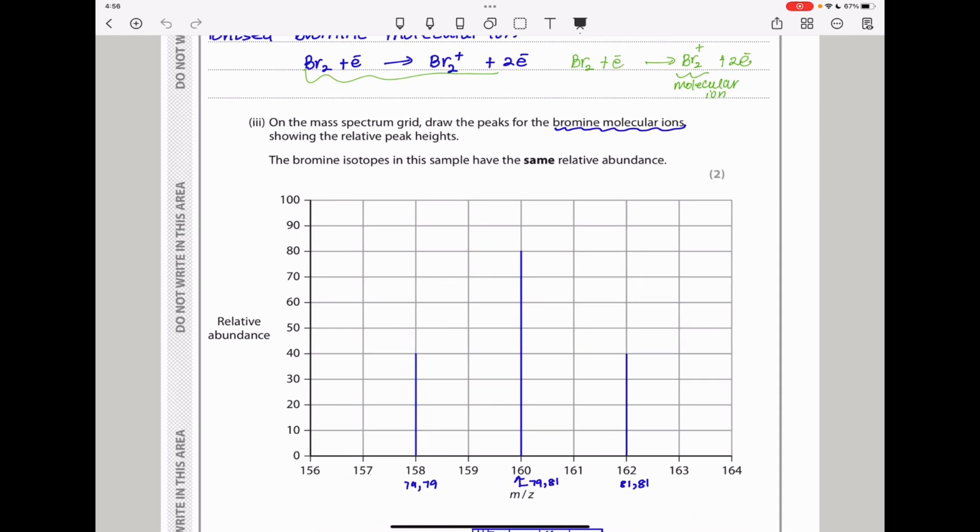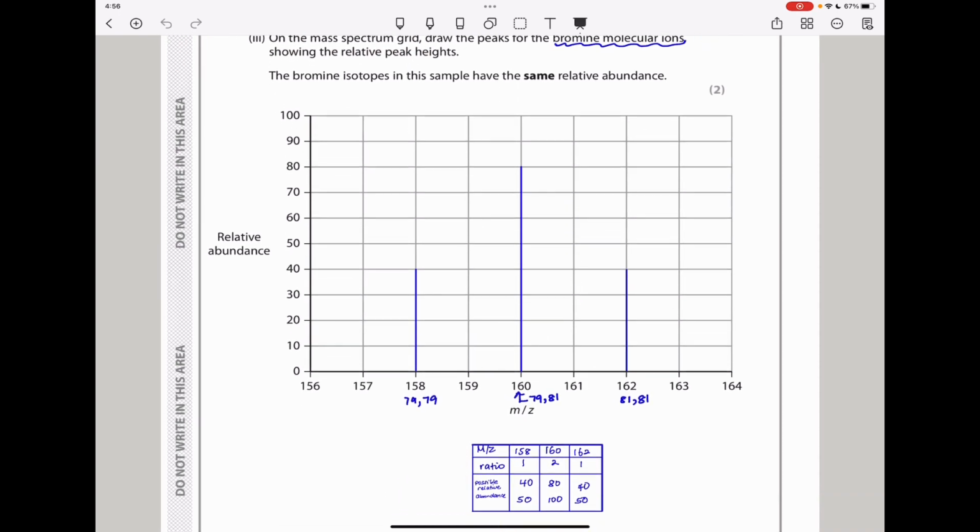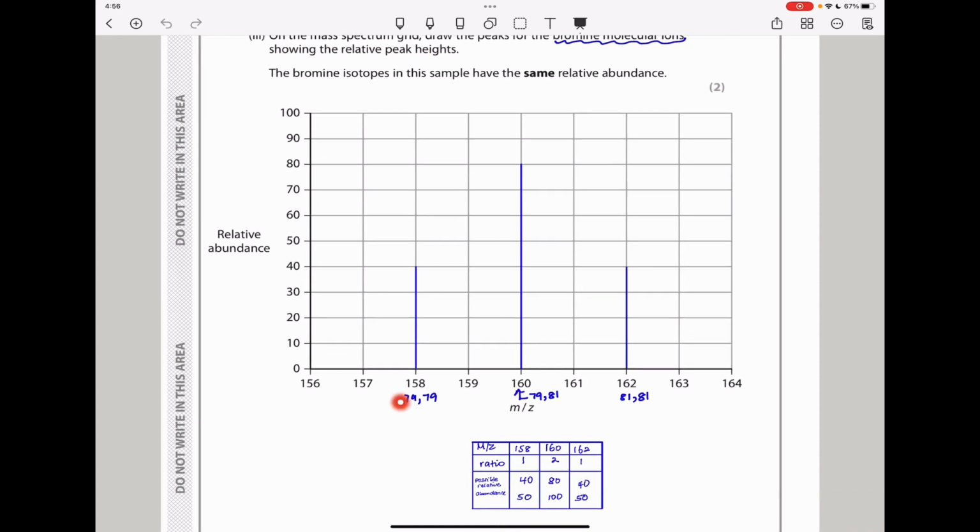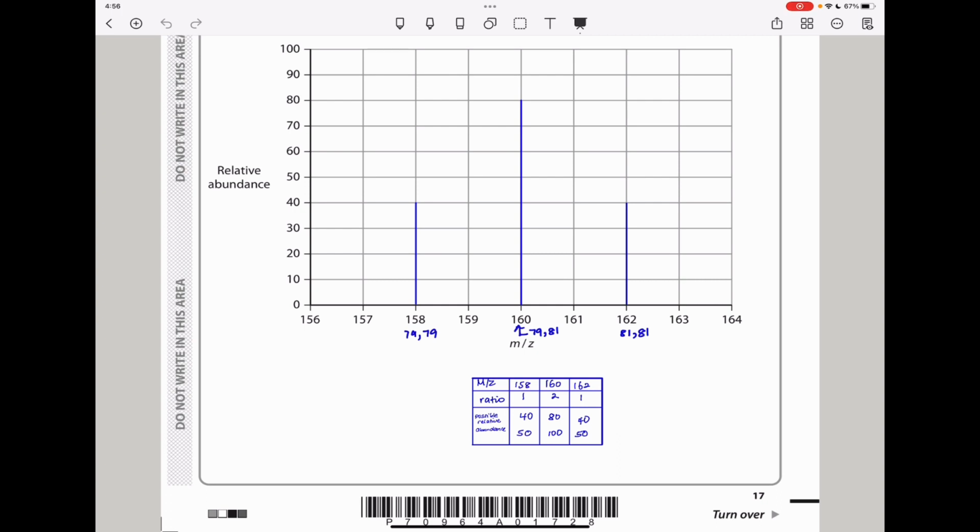So moving on, here they say on the mass spectrum, draw the peak of bromine molecular ions, showing the relative peak heights. So here I showed, remember they are telling us bromine 79-79, bromine 79-81, and bromine 81-81. These are going to be in the ratio of 1 to 2 to 1. So whichever height you chose, you have to be sure it's going to be in that specific ratio. For me, I chose to use 40, 80, 40 because that maintains a 1 to 2 to 1.